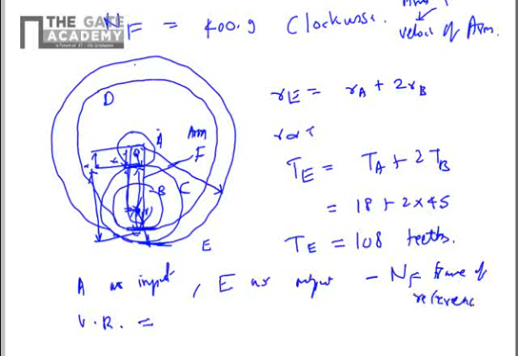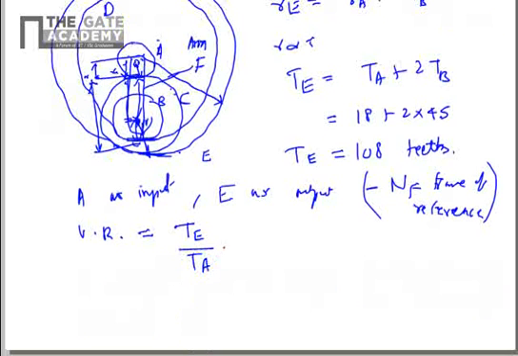This is the power of this formula, that we can determine the velocity ratio by the number of teeth very simply. Here you can see A is meshing with C, and C is directly meshing with E. So you don't have any compound gear train here, you have a simple gear train. So it will just depend on the number of teeth on the driven, that is TE, divided by the number of teeth on the driver. So TE by TA. What about the sign?